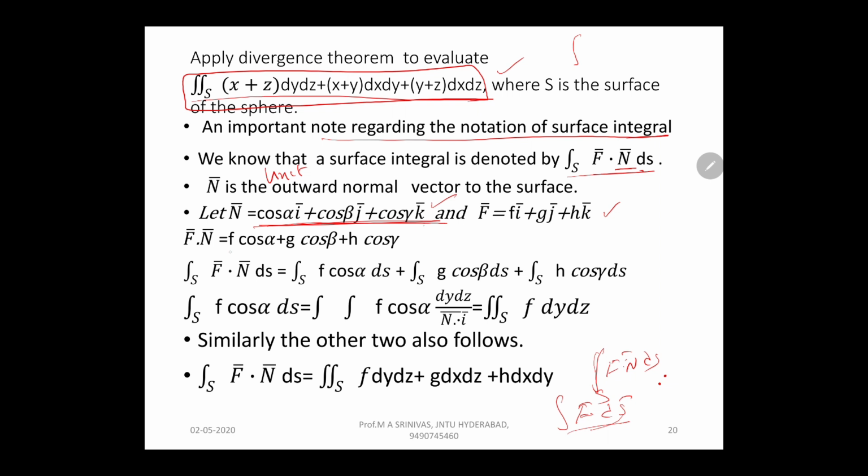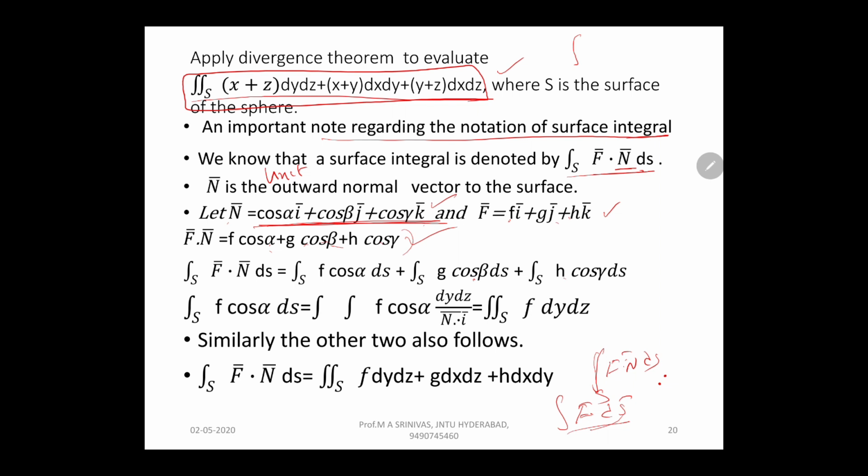What is f bar dot n bar? F bar dot n bar is f cos alpha plus g cos beta plus h cos gamma. Now I need to find the integral of f bar dot n bar ds, which is the integral over s of f cos alpha ds plus g cos beta ds plus h cos gamma ds.